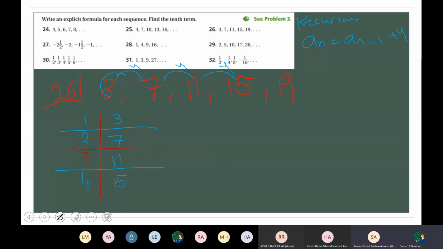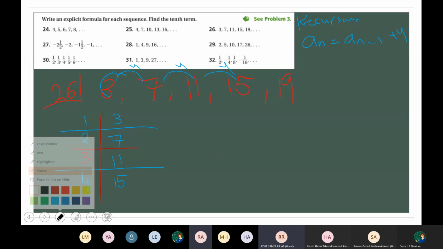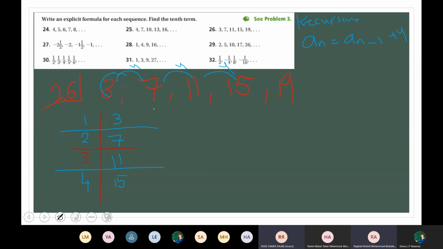I want you now to multiply n with 4. It's 4n minus 1. Yeah, exactly. Let's multiply it with 4. 4 times 1 is 4, minus 1 is 3. 4 times 2 is 8, 4 times 3 is 12, 4 times 4 is 16.